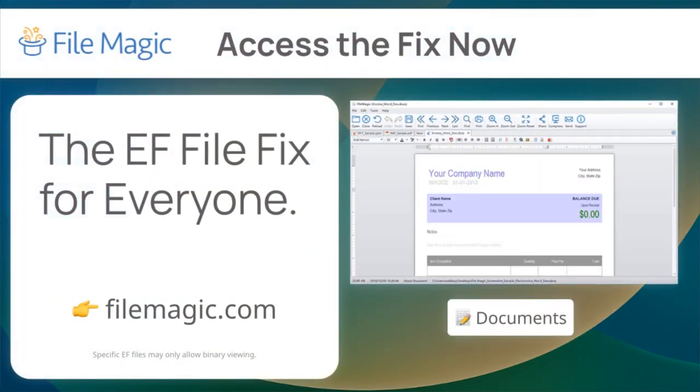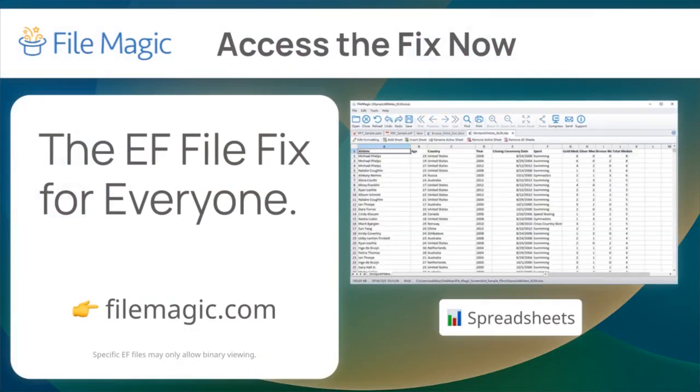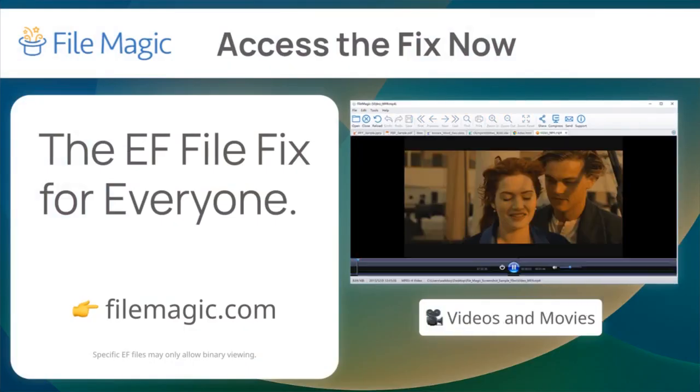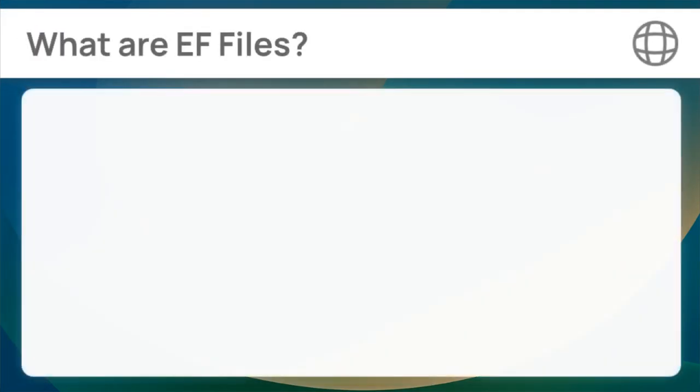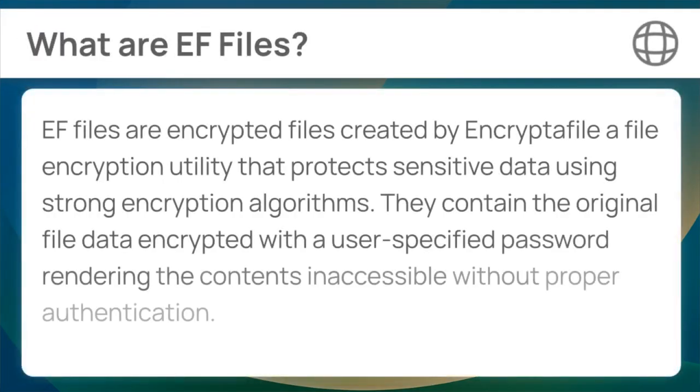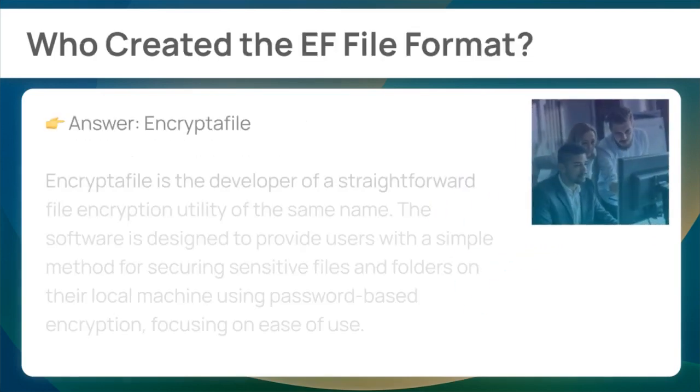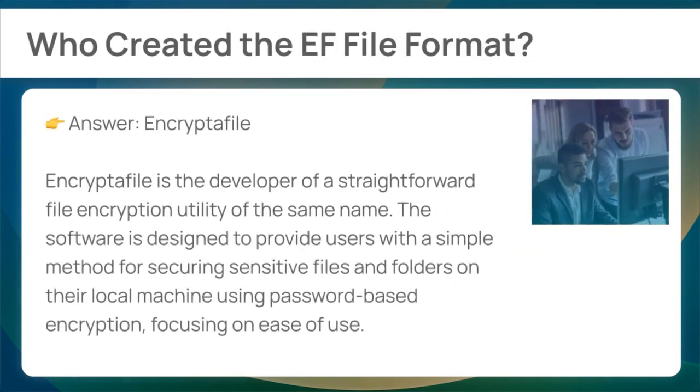We're going to maximize results with a single highly effective EF file inspection program that provides coverage for a wide range of formats. EF files are encrypted files created by Encryptafile, a file encryption utility that protects sensitive data using strong encryption algorithms. They contain the original file data encrypted with a user-specified password, rendering the contents inaccessible without proper authentication.